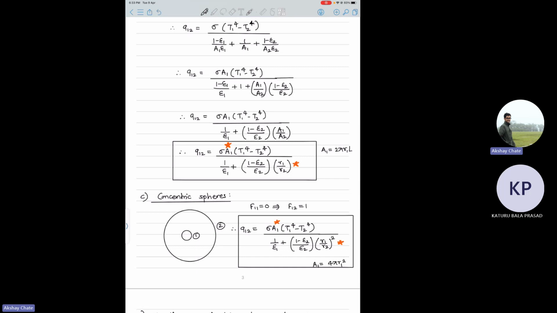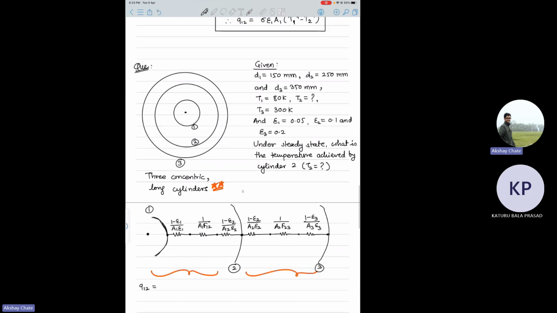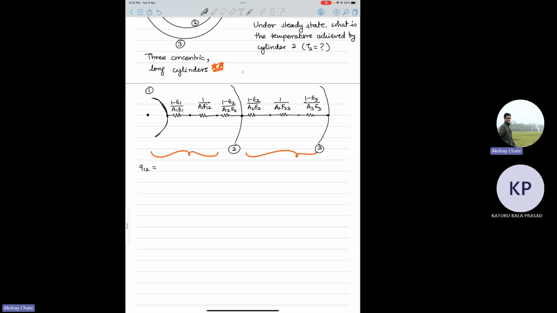So here you can write sigma A1 (T1 power 4 minus T2 power 4) divided by 1 by epsilon 1 plus (1 minus epsilon 2) by epsilon 2 into R1 by R2, right?